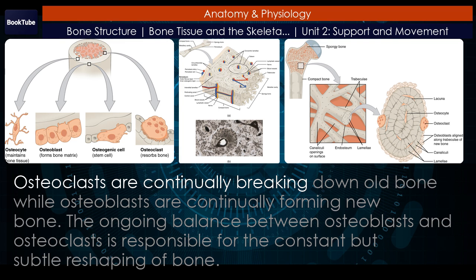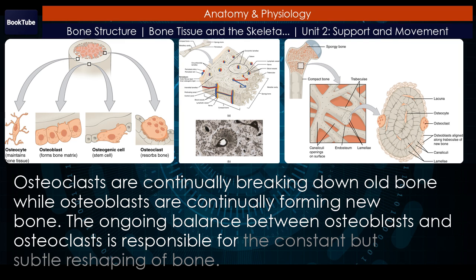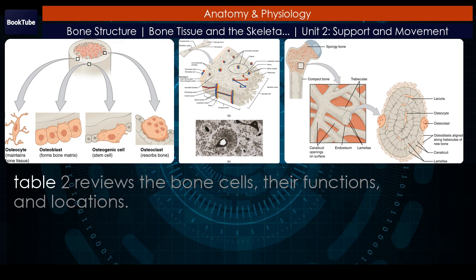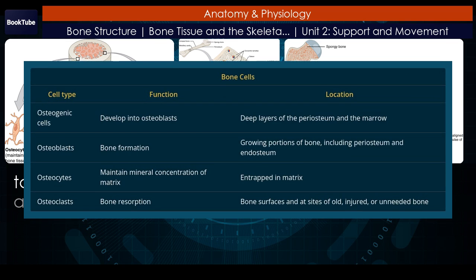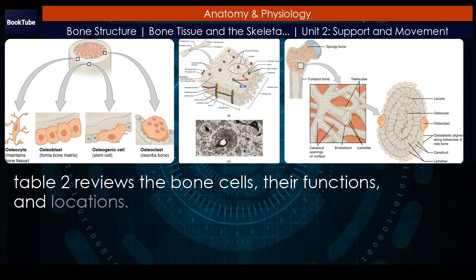Osteoclasts are continually breaking down old bone, while osteoblasts are continually forming new bone. The ongoing balance between osteoblasts and osteoclasts is responsible for the constant but subtle reshaping of bone. Table 2 reviews the bone cells, their functions, and locations.